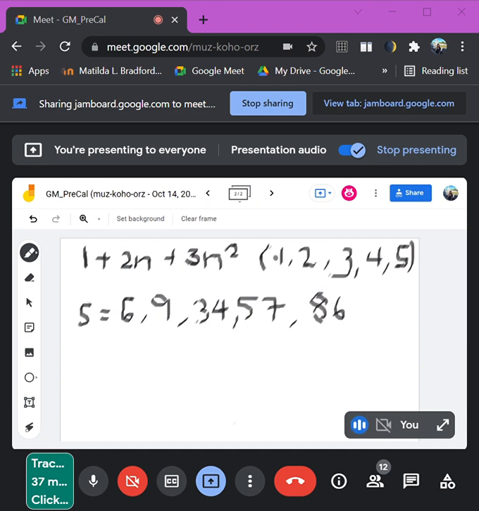So what we did was substitute the values of n. How about our associated series? What is the result? 6 plus 9 plus 34 plus 57 plus 86.